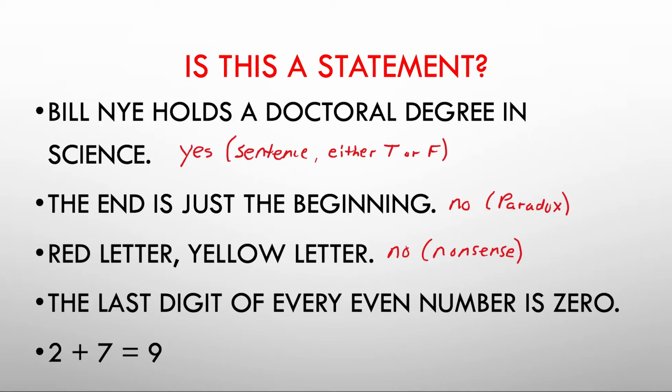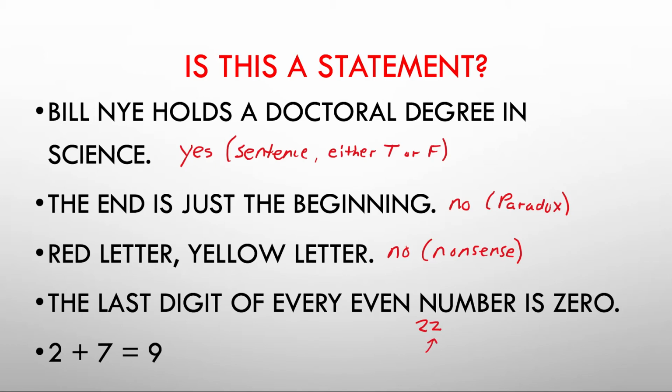The next one says the last digit of every even number is 0. All right, this is a sentence. Now I want to consider whether it has a true or false value. I don't think that this is actually a true statement because if I take the even number, for example, 22, 22 is even and it doesn't end in a 0.